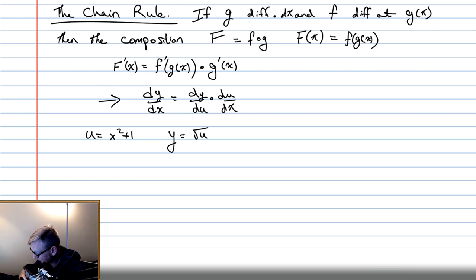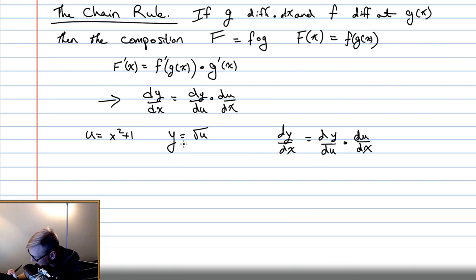Then we'll use this notation first: dy/dx, but there's no x here, it's a u, equals dy/du times du/dx. So we should find these separate ones.